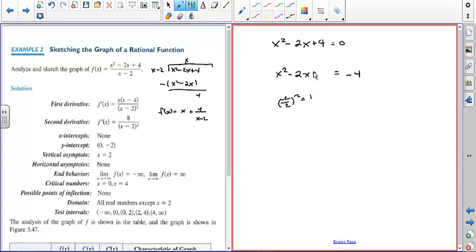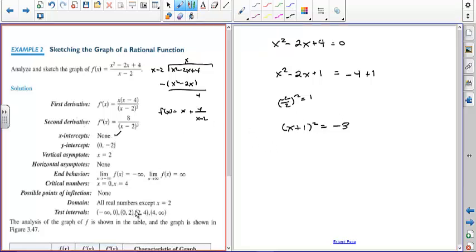So this is plus 1, and we add 1 over here. So this is x plus 1 squared, and this is -3. When you try to take the square root of this, you'll see you have the square root of a negative number, and therefore there are no real solutions. That's why the x-intercepts are none.